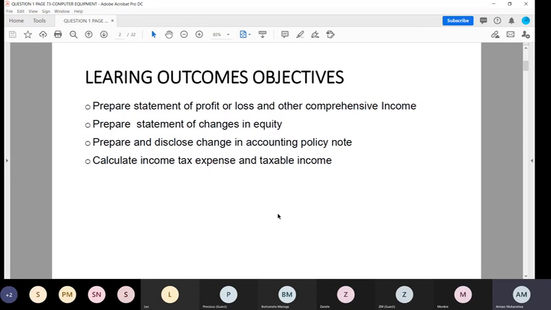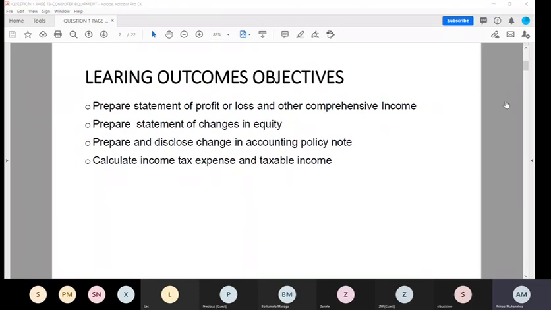It is very important that you understand what is expected from you guys when you're writing a test, exam, or any assignment. When it comes to this topic, what will be expected from you is that you should be able to prepare the statement of financial position. Also, you'll be expected to prepare the statement of changes in equity.